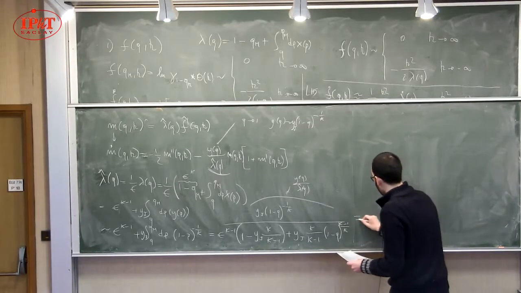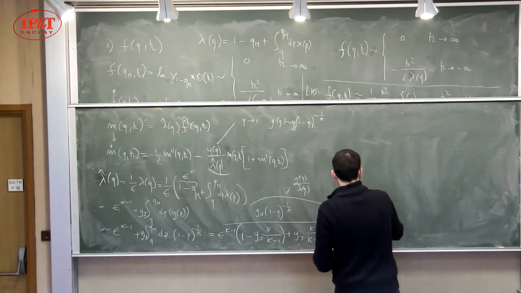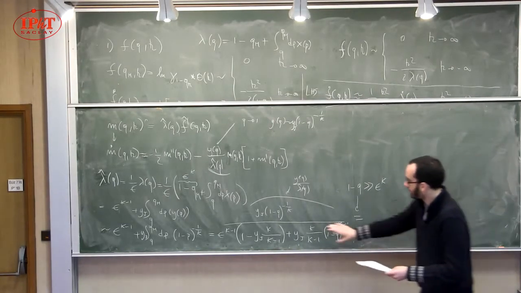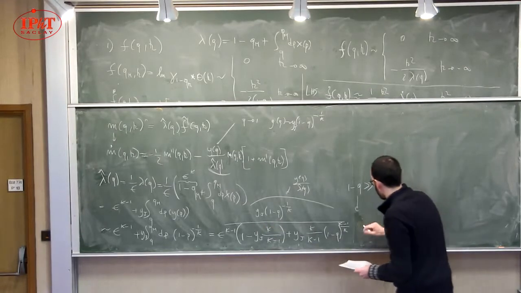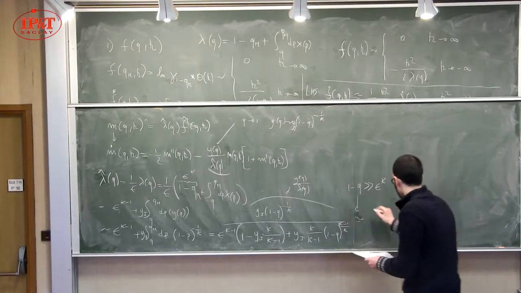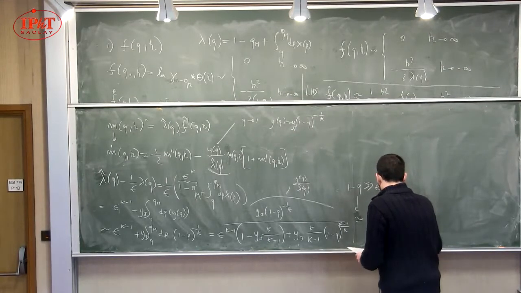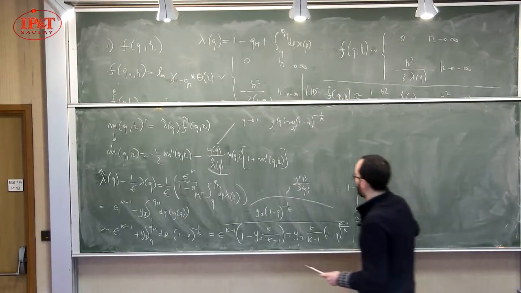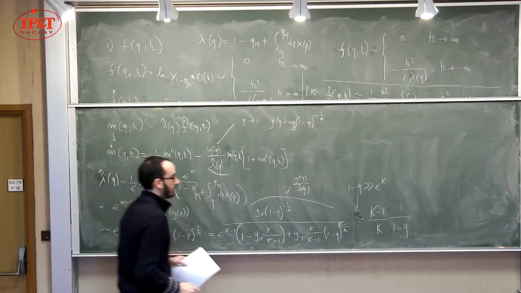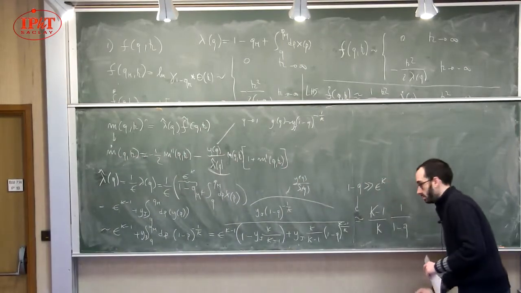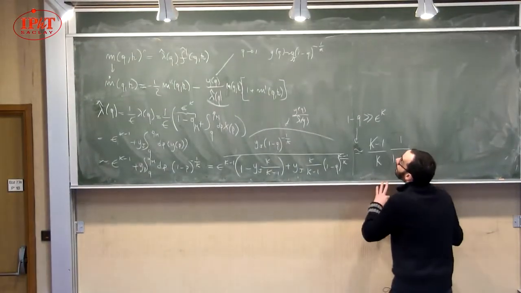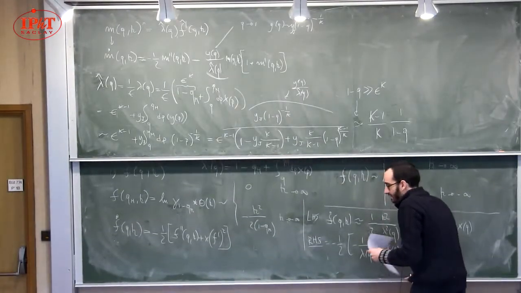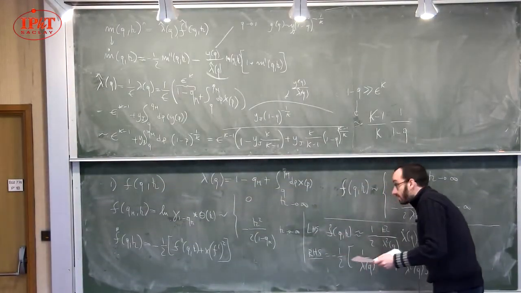Now if I say that 1 minus x is bigger than epsilon to the k, then this term is bigger than this one, and therefore this is, okay. So now what I do is that I take this and plug it here. Okay. And then we take a break.